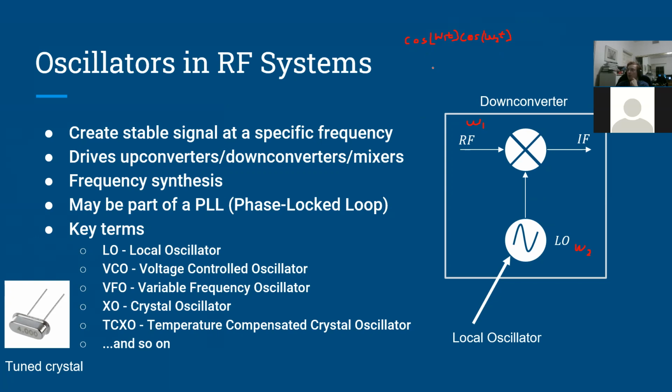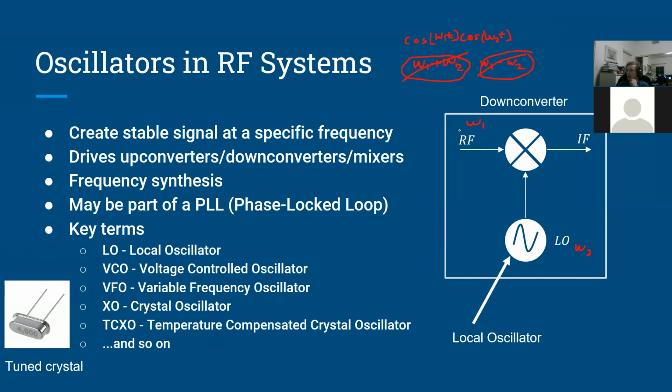But remember, amplitude modulation, if you use your trig identities, you get your sum and difference frequencies. So you get a cosine of frequency omega 1 plus omega 2, and omega 1 minus omega 2. If we were up converting, we could filter out the difference and we're left with something of higher frequency. If we're down converting to a lower frequency, we can filter out the sum and we're left with the lower frequency, assuming omega 1 is greater than omega 2.